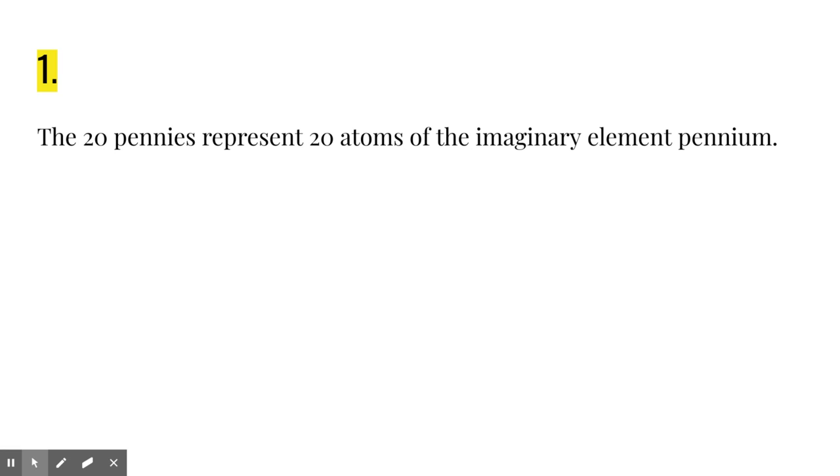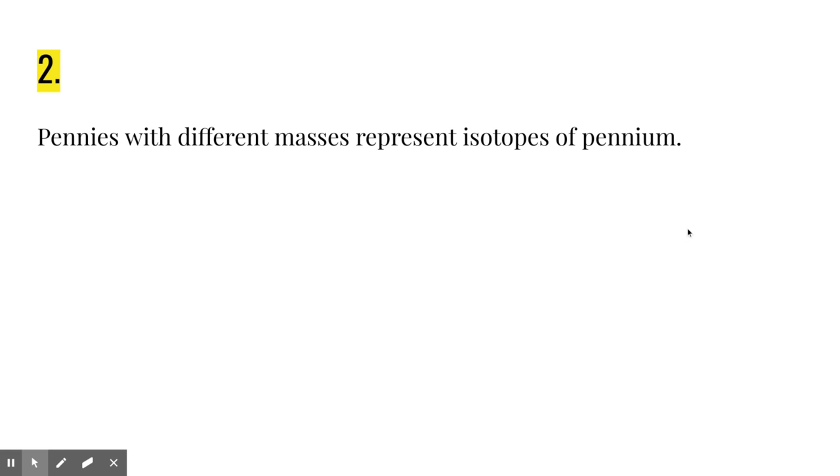Question number 2, what do the different masses of the pennies represent? So you're going to find out or notice in the lab, there are going to be 2 distinct masses. Not all of your pennies are going to be exactly the same mass because pennies are not perfect like atoms. And also remember, pennies are going to be in circulation.